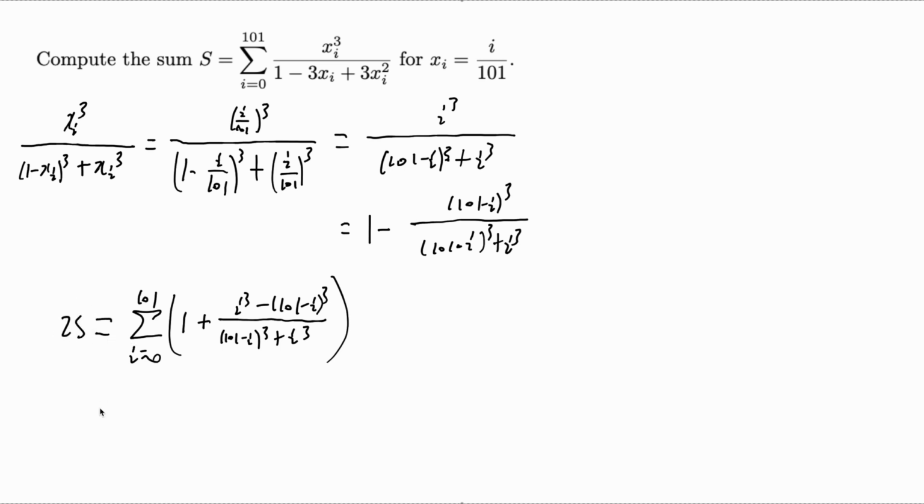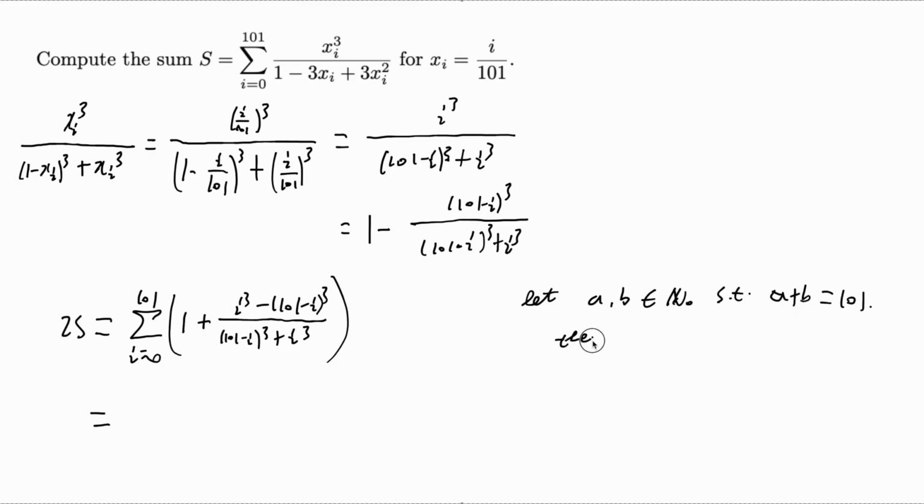So here what we can do is notice that, let's say let A and B be whole numbers such that A plus B equals 101.